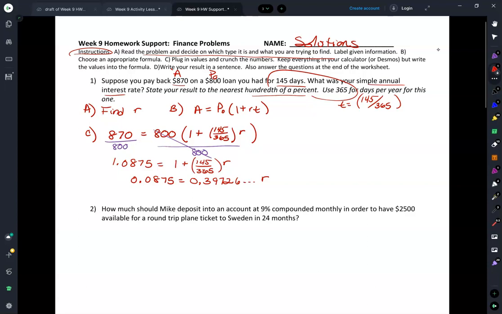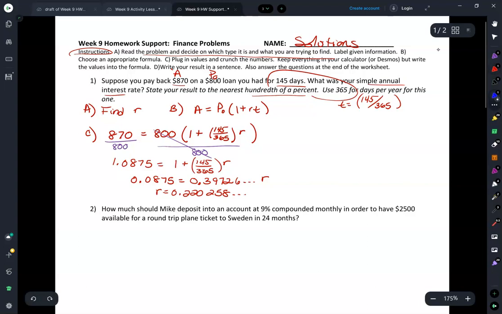So that holds your previous answer, and then hit enter, and I will get R equals 0.220258, so on and so forth. If you're not comfortable with using the answer button, then you can just type in, if you go out like 4 or 5 digits after the decimal, you should be fine.